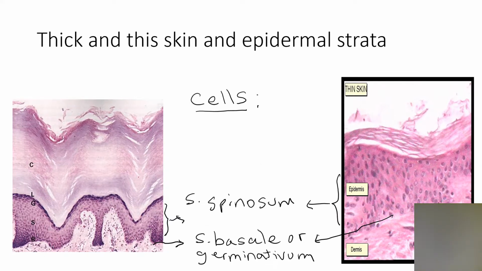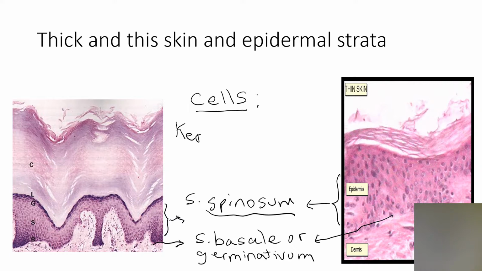Cells of the stratum basale divide, pushing all their cells to the next superficial strata, the stratum spinosum. Cells of the stratum spinosum are called keratinocytes.